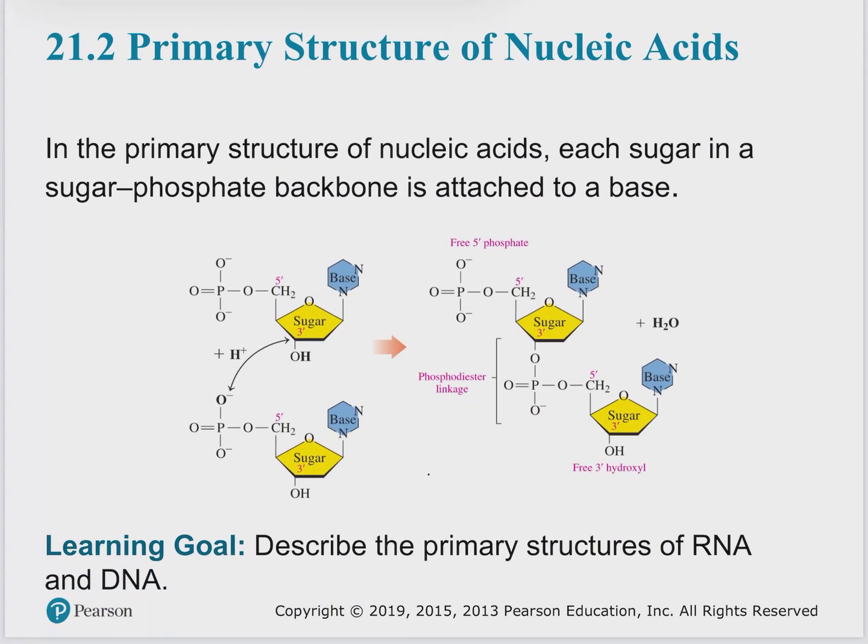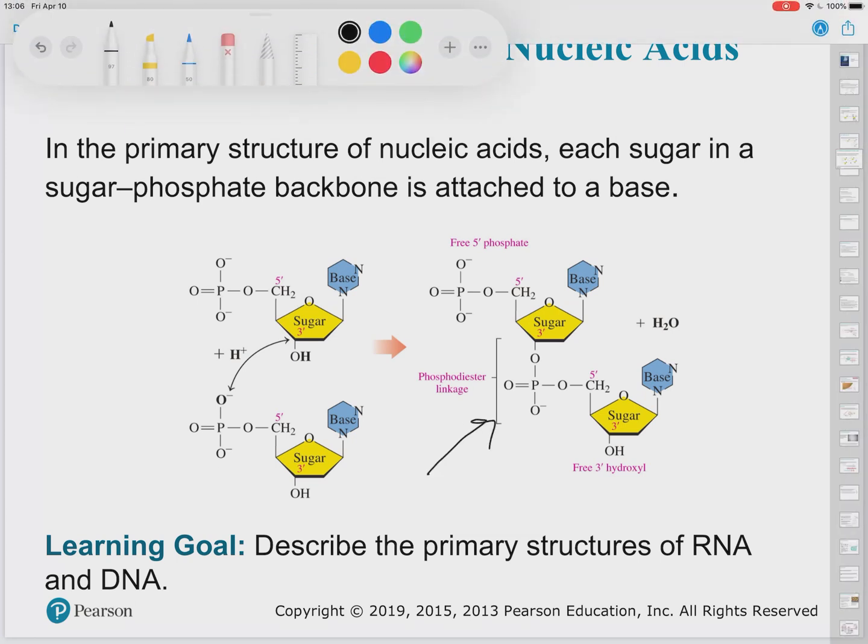All right, so now let's talk about DNA itself. Primary structure, similar to primary structure in proteins, is going to be the sequence of the DNA. And the way that the different nucleotides are linked together is through a sugar phosphate backbone. There's a phosphodiester bond.